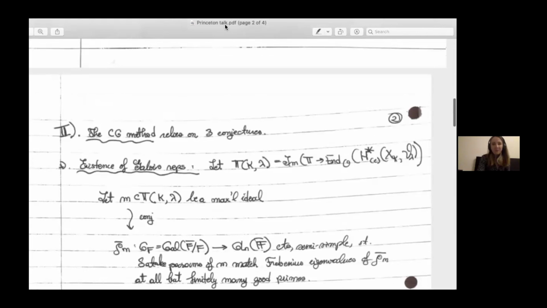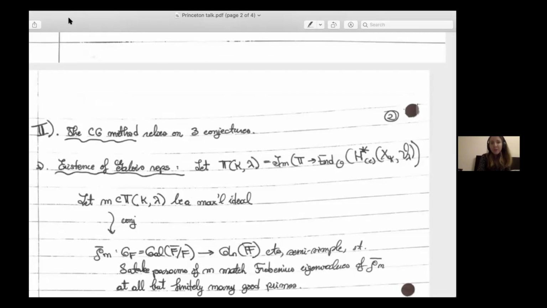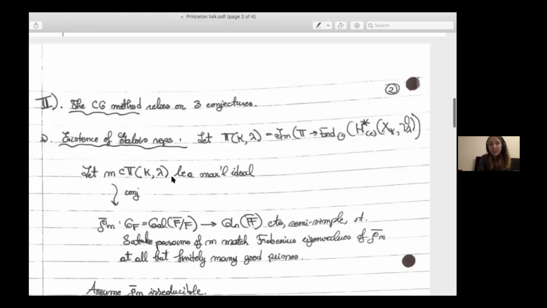All right, so the next thing I'd like to say is that the Caligari-Garrity method relies on three conjectures, and I want to be precise about what these conjectures are. The first one is on existence of Galois representations.